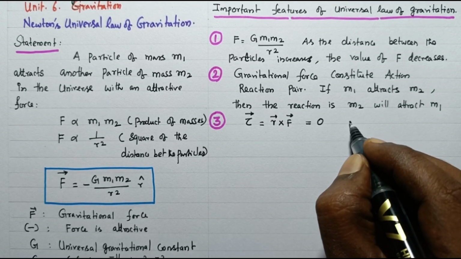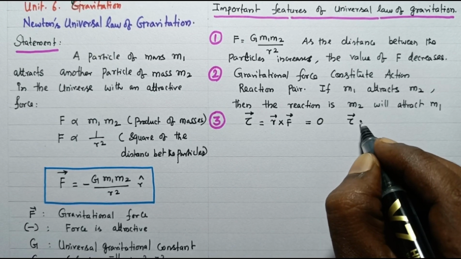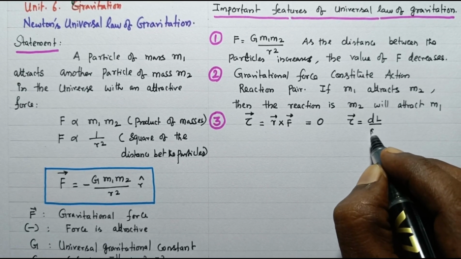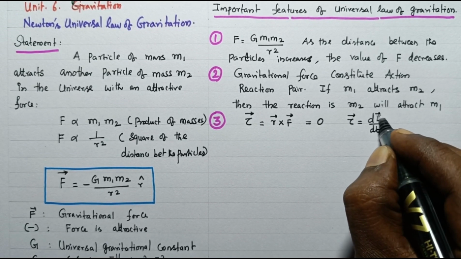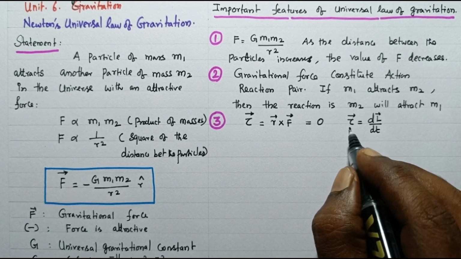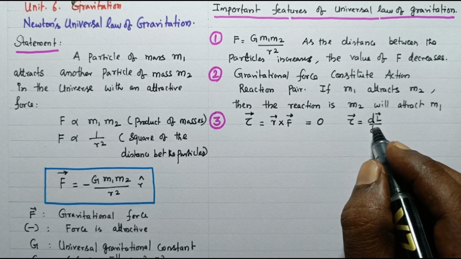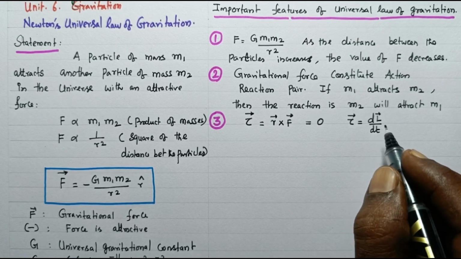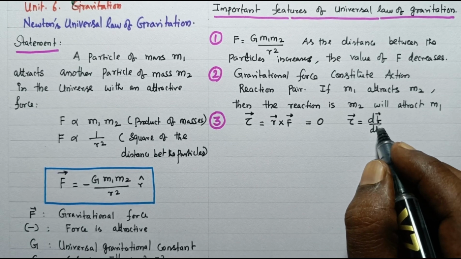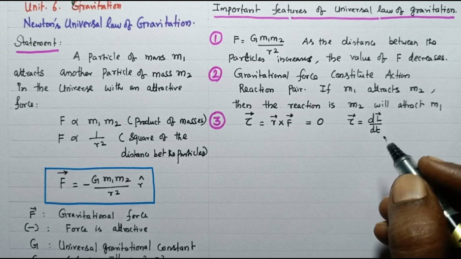How do we define torque? Torque is defined as rate of change of angular momentum L. So torque is equal to dL by dt. So if torque is equal to 0, then dL by dt is also equal to 0.